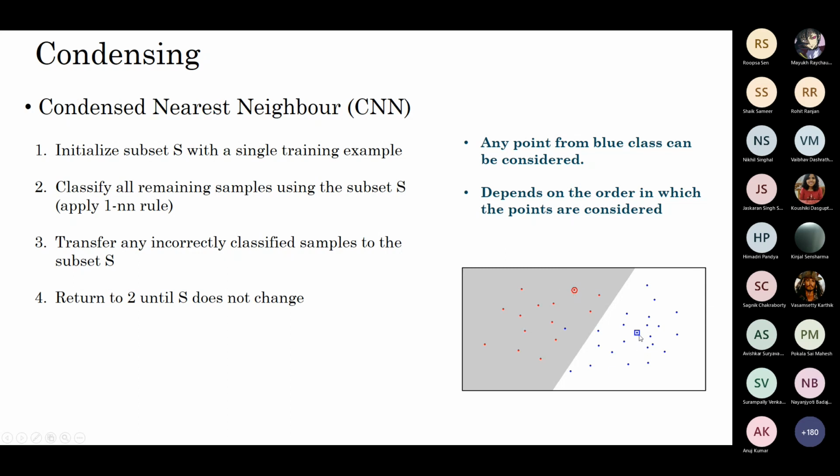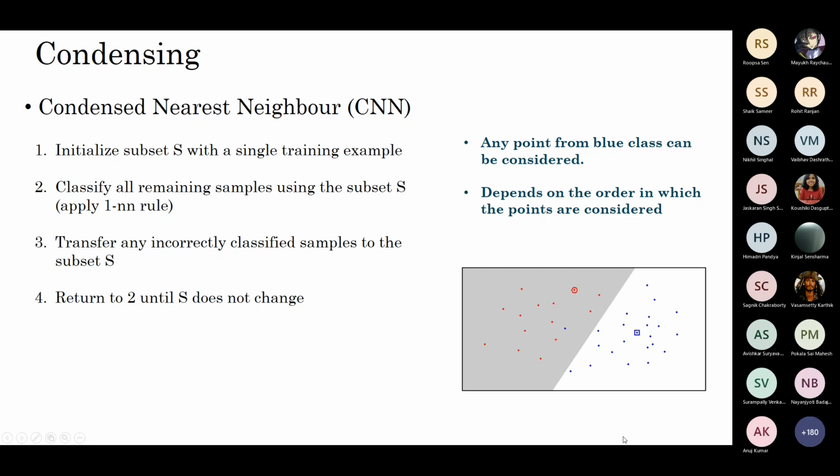You simply compute the one nearest neighbor and see what is the label of the one nearest neighbor from the set S. If the true label of this sample agrees with the one nearest neighbor label, then this is a right classification. If they disagree, then this is a misclassification.